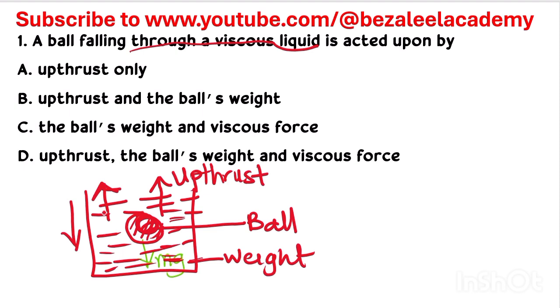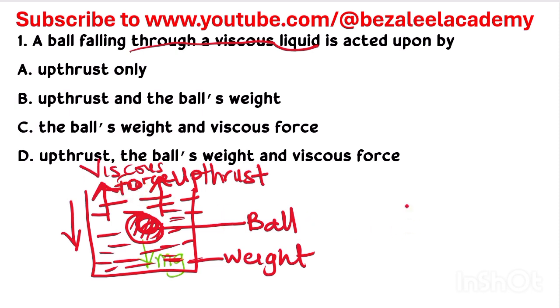So the three forces that are acting on this object now are, first and foremost, the weight that is acting downward, the upthrust that is acting upward, and the viscous force that is acting opposite to the direction of the motion of the falling object.